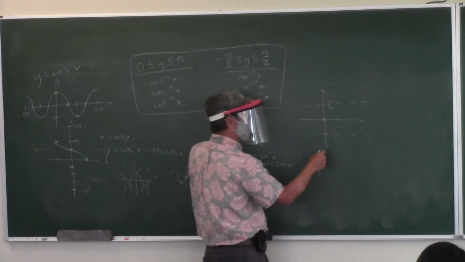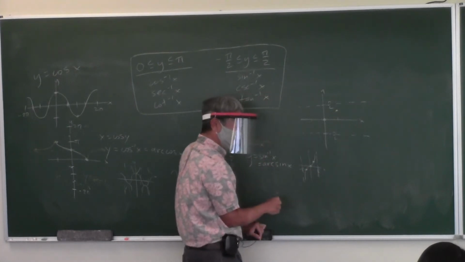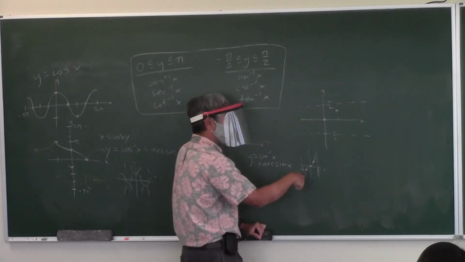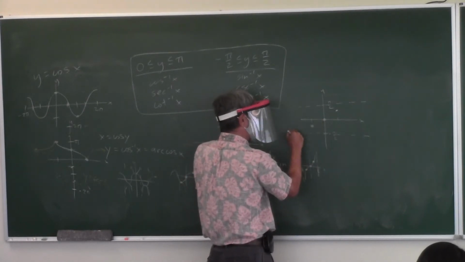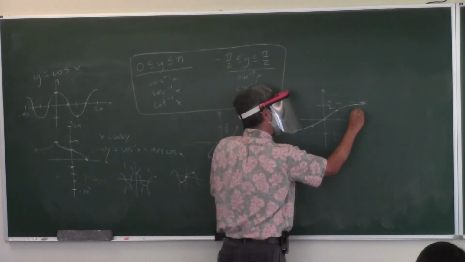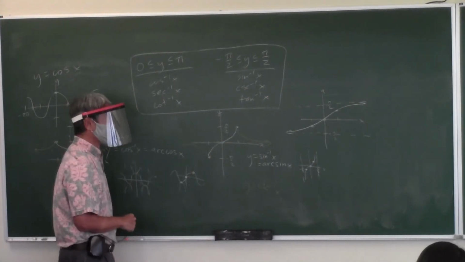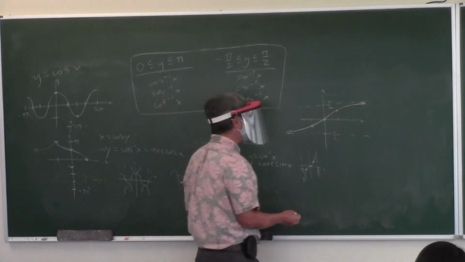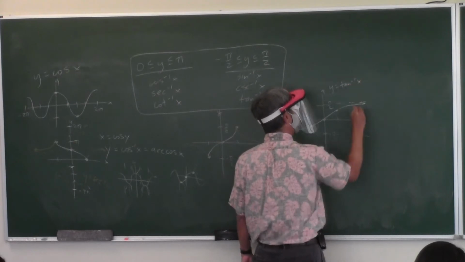So what happens when you switch it? 1, pi over 4. What about this point? Negative pi over 4, negative 1. So switch it. Negative 1, negative pi over 4. So the graph looks like this. That's what the tan inverse graph looks like. And then cotan inverse, here, I'll label it for you. You do the same thing.